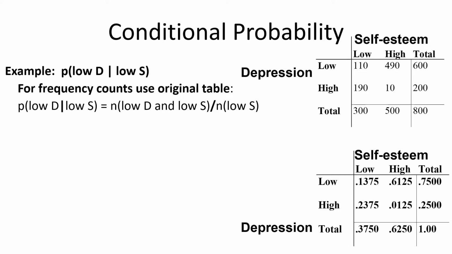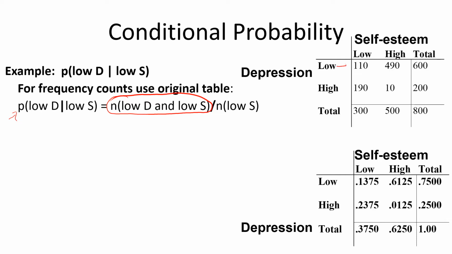We're going to look at the same example twice, but first with frequencies. We're looking for the probability of low depression given low self-esteem. As I said before, the first thing is the number for the intersection, the joint frequency: the number with low depression and low self-esteem. Do you recall what that was?